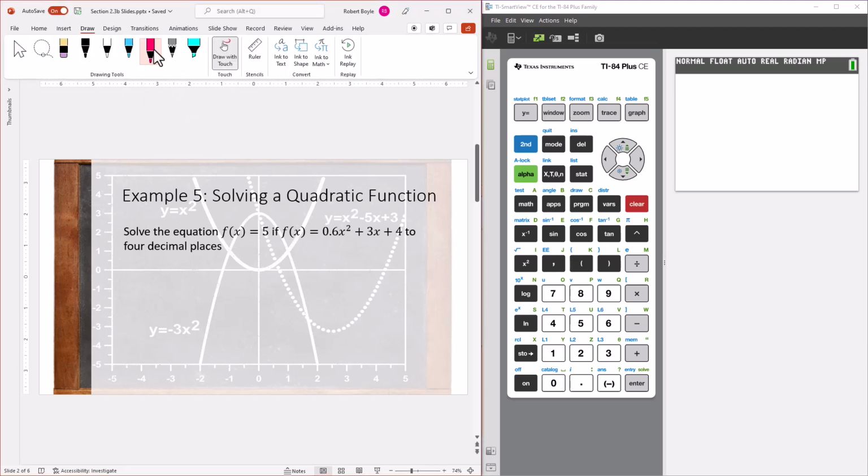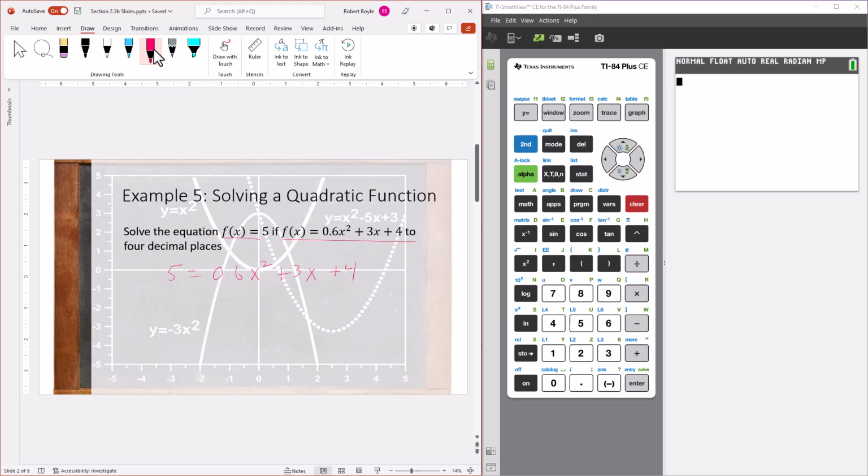They basically want f of x to be equal to 5, and that's just a nice way of saying that they want you to solve 5 is equal to 0.6x squared plus 3x plus 4.